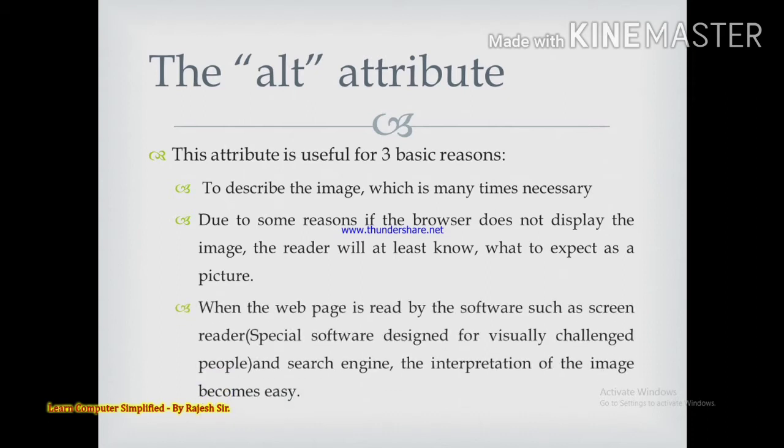And third point, when the web page is read by the software such as screen reader or a special software designed for visually challenged people and search engine, the interpretation of the image becomes easy. Means if our web page is open into the software like text to speech, then that alt attribute is useful to describe the image for the visually challenged people.